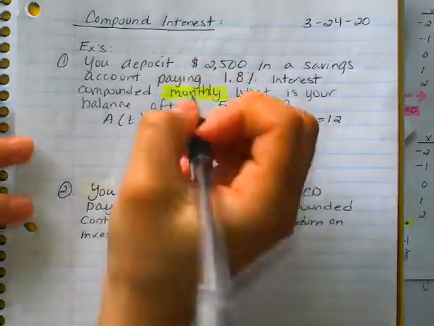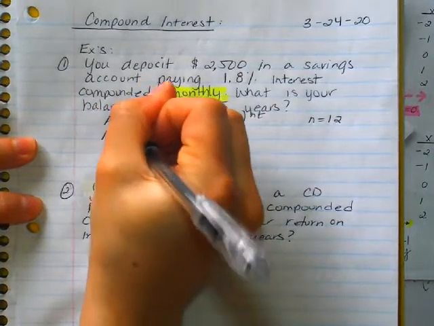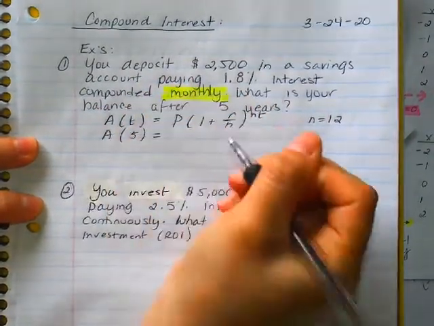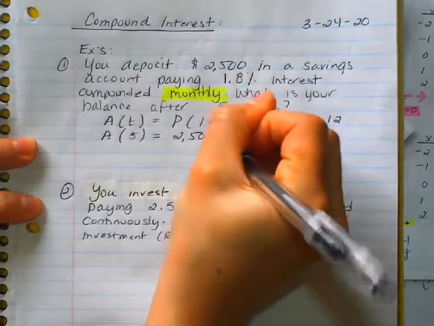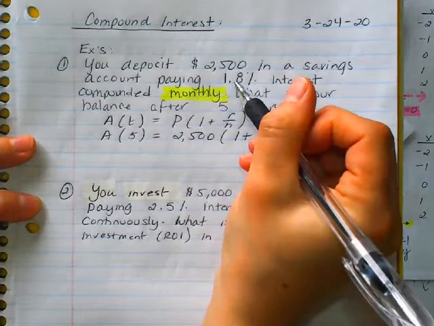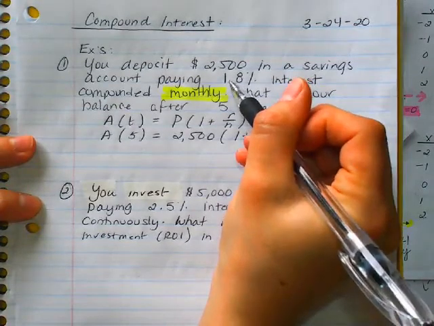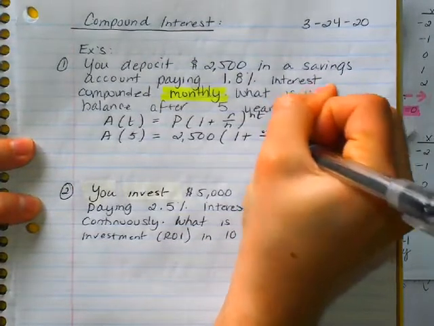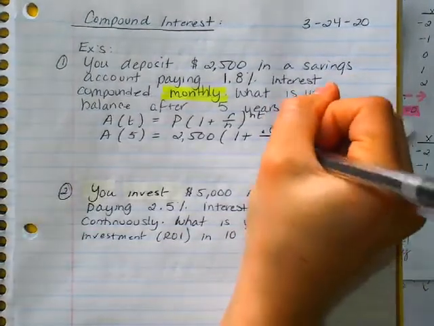So I'm going to copy everything here into my formula. The amount after 5 years is going to be our principal, $2,500, times 1 plus. The interest rate is always as a decimal, so I'm going to slide my decimal point 2 places to the left, 0.018, over n, which in this case is 12.